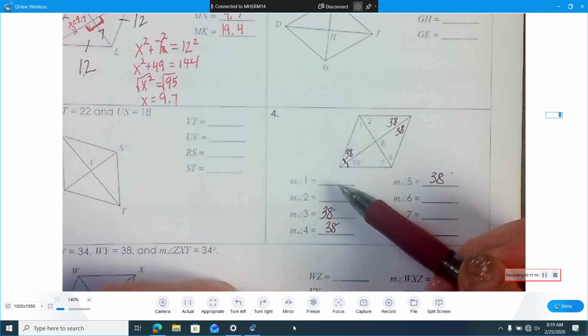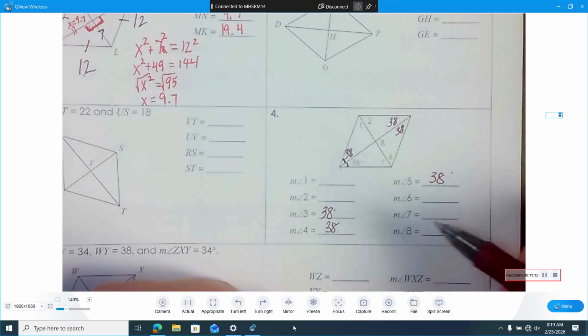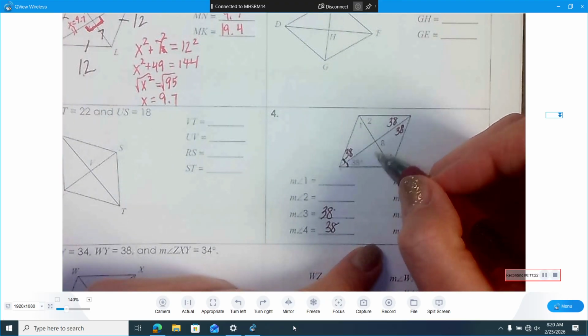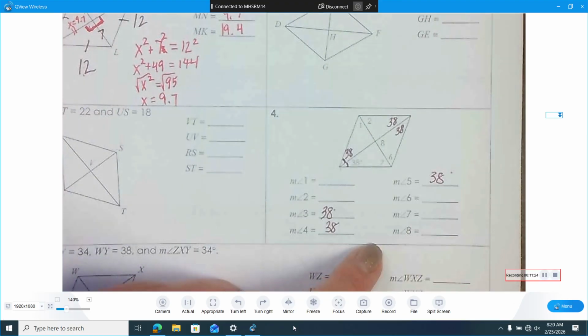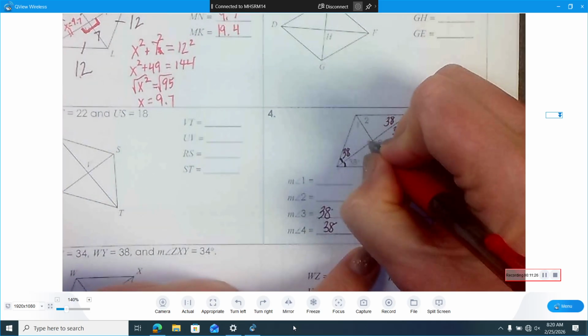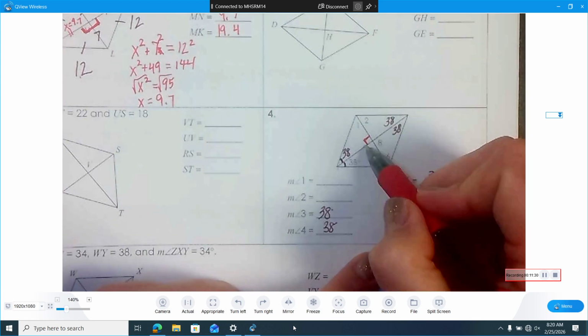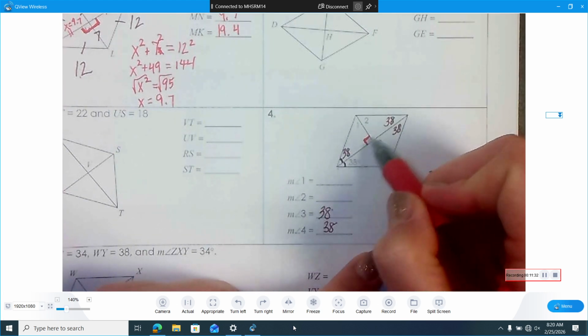Okay. How are we going to figure out 1 and 2? 90 minus 38. Okay, so you're saying we have a right angle right here? Okay. If I have a right angle, we know that that's 90 degrees.